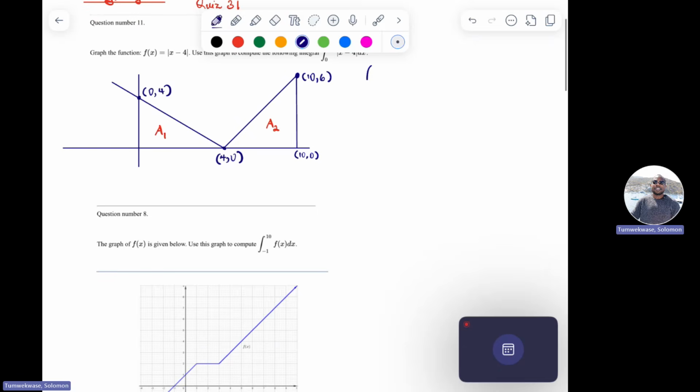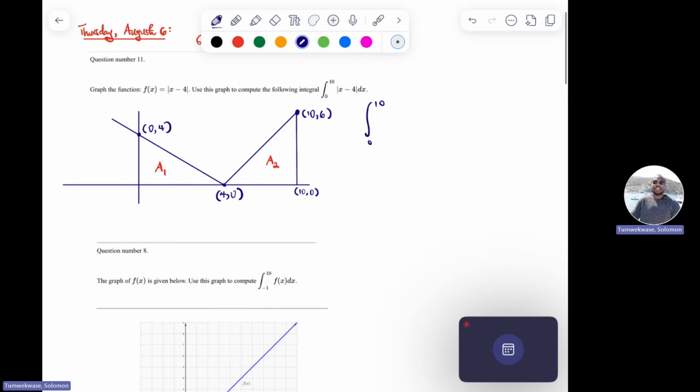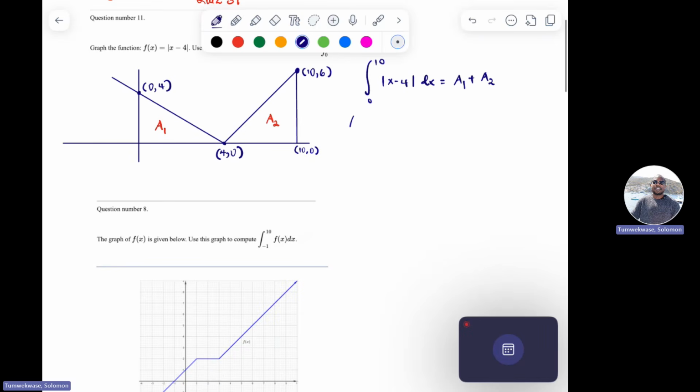The integral from 0 to 10 of the absolute value of x minus 4 dx is the total area under this graph, which is area 1 plus area 2. Area 1 is a triangle. It has a base of 4 and a height of 4. So area 1 is a half base times height, which is a half times 4 times 4, and this is just 8.